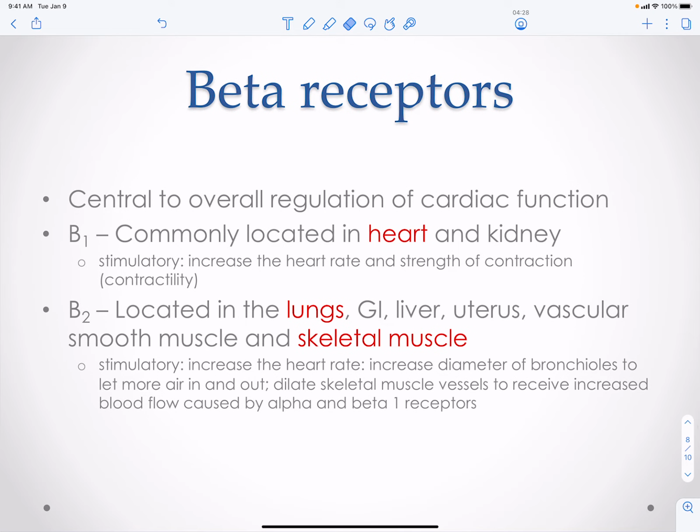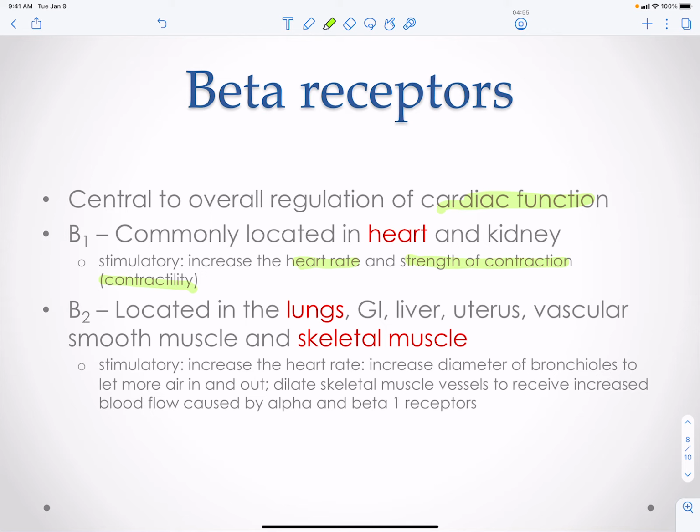Now, beta receptors are going to be important for cardiac function. You have your beta 1 receptors. These are going to be located in the heart and the kidney. When they're stimulated, they're going to increase heart rate and increase the strength of contraction, or contractility. Your beta 2 are going to be located in the lungs as well as other places, such as the liver, vascular smooth muscle, and skeletal muscle.